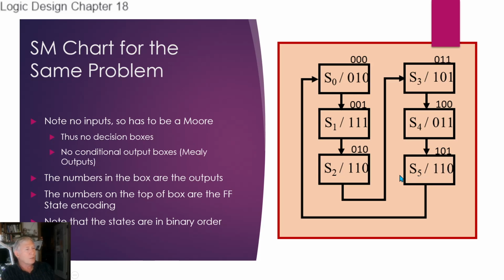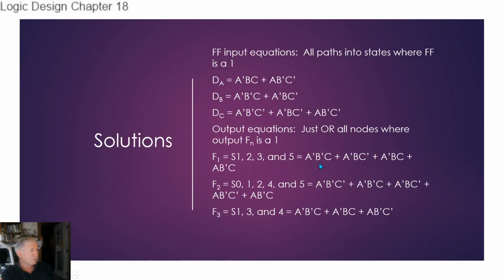So we need all the states except for S4 and S0. So we have to have A prime B prime C plus A prime B C prime plus A prime B C plus A B prime C. And that should be here. So we have these 4 ORed together. And we probably can simplify this. Haven't really looked at that.